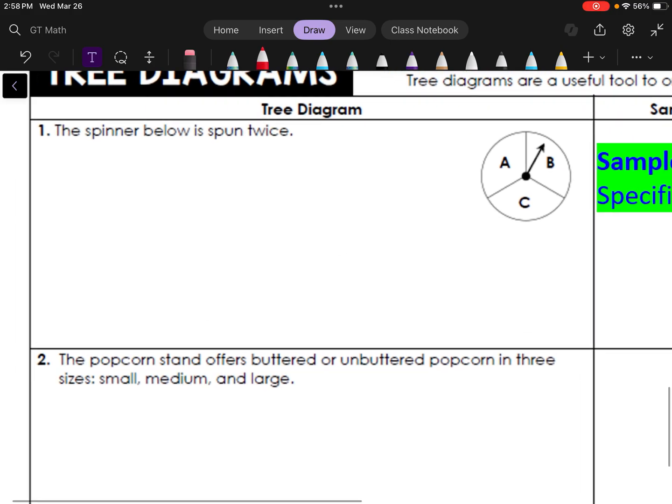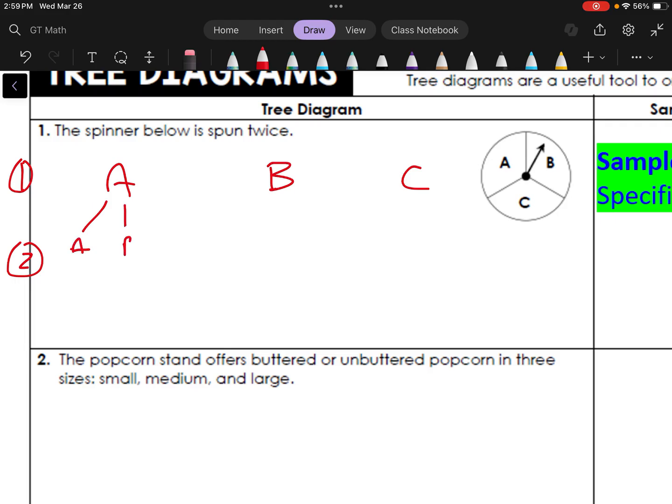So an example of this is: the spinner below is spun twice. Okay, event 1, I could get A, I could get B, or I could get C, right? Boom, I could get those 3 options. Event 2 tells me that if I got A and I spin it again, I still have a chance of A, B, or C. If I got B and I spin it again, I still have a chance of A, B, or C. C still has a chance of A, B, or C. And all of these are your total outcomes.